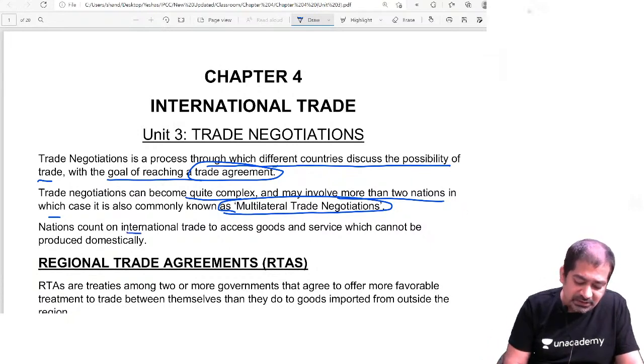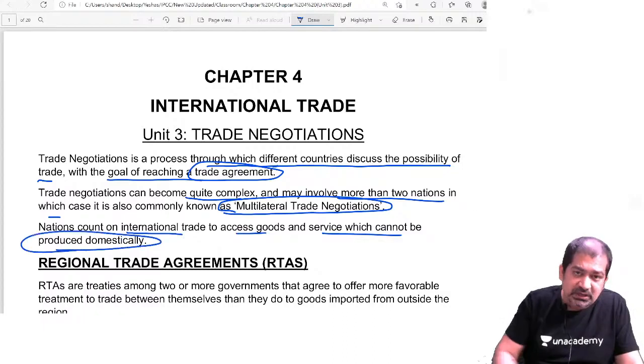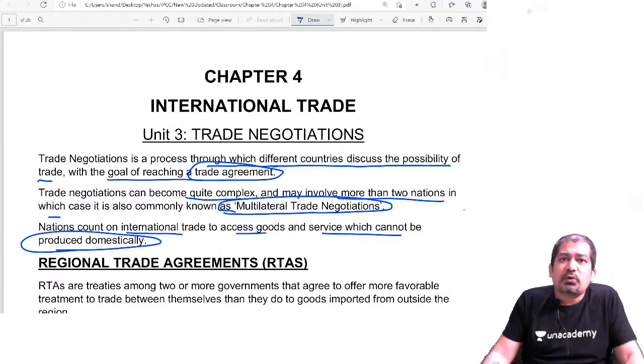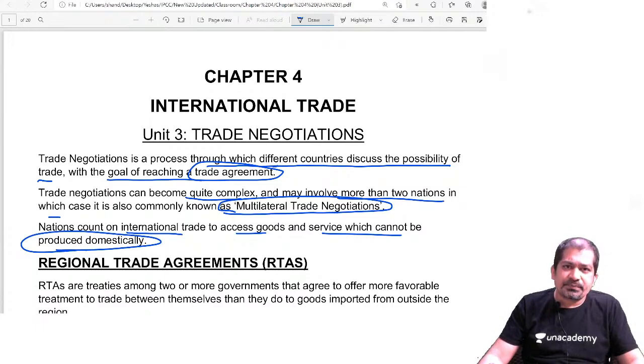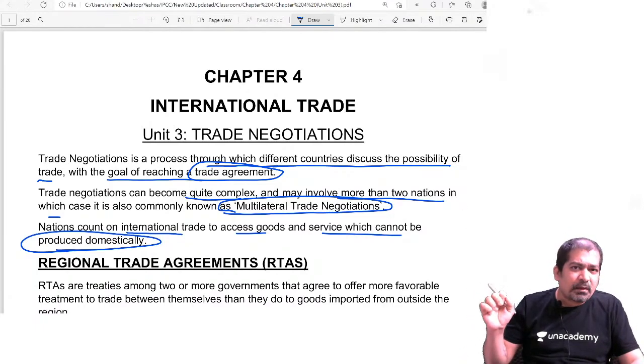Nations count on international trade to access goods and services which cannot be produced domestically. Yes, you see, 80% of the crude requirement we import from other countries. If the health sector in India is booming, don't you know that many of the sophisticated medical equipments like MRI machines and scanning machines are not invented by Indian companies?